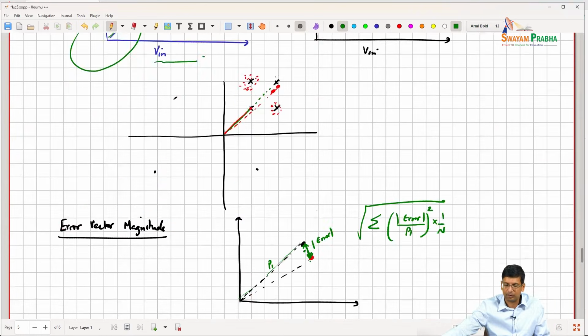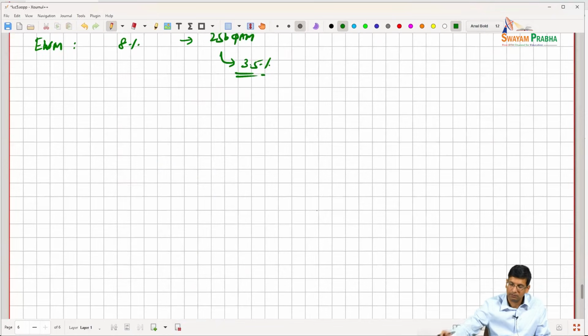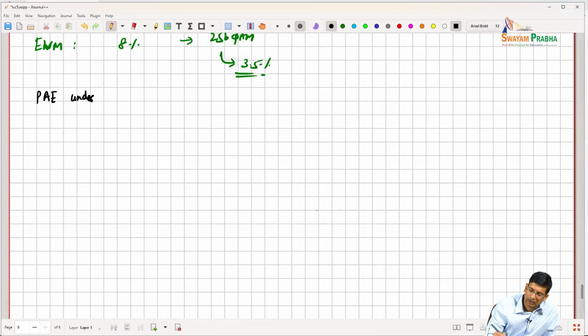And why is that a problem? Well, let's consider what happens to the power added efficiency under back off.